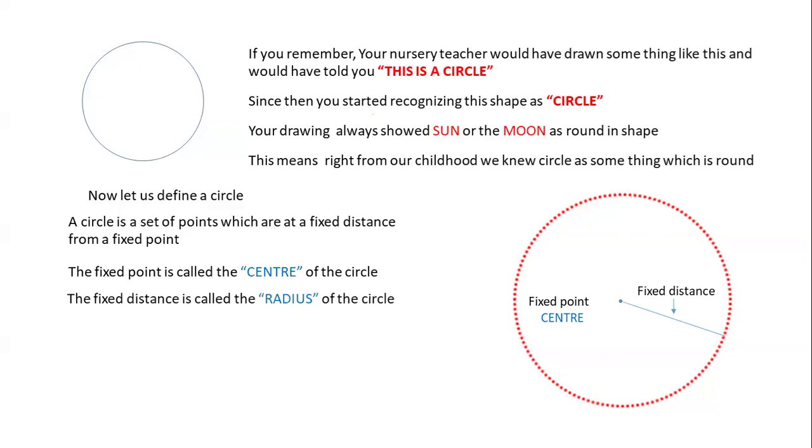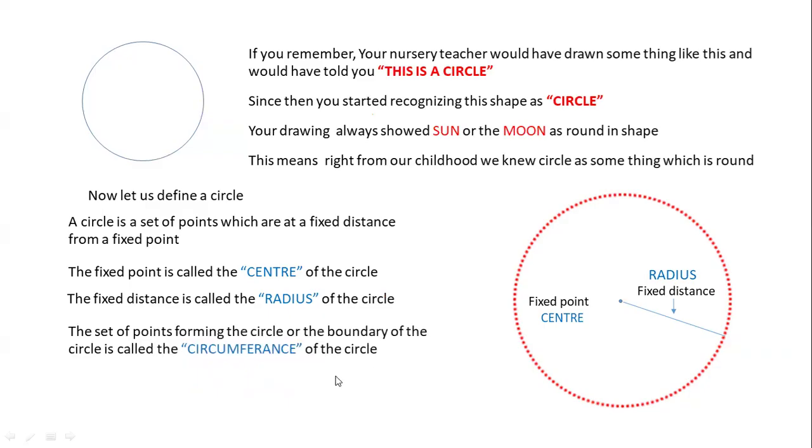The fixed distance is called the radius of the circle. So the fixed point is called the center of the circle, and the fixed distance is the radius of the circle.